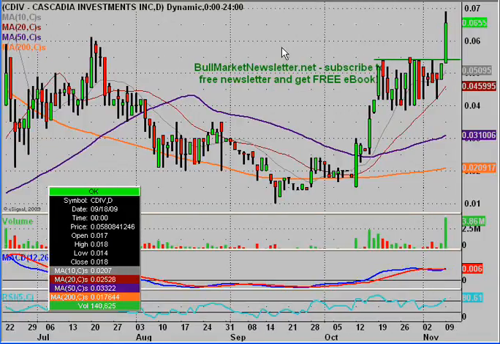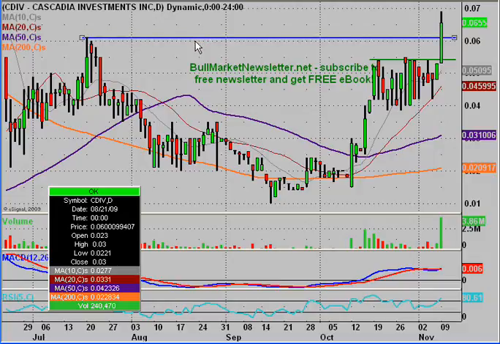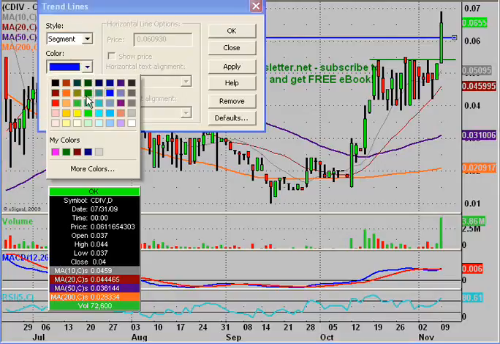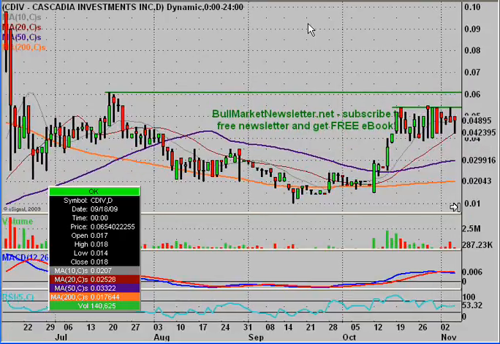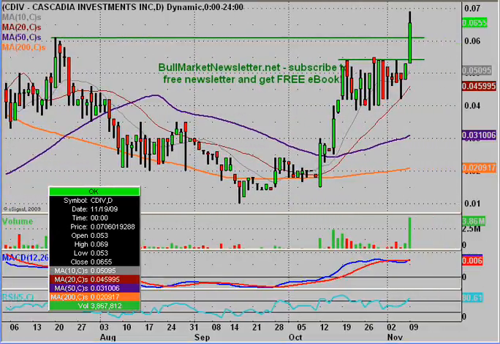The other support level, which was created today, was formed from way back here. This was a previous high dating back to July 20th. And this level is also broken today, so it has turned from resistance into support. And for the time being, these are our two support levels. We also have our moving averages below us.